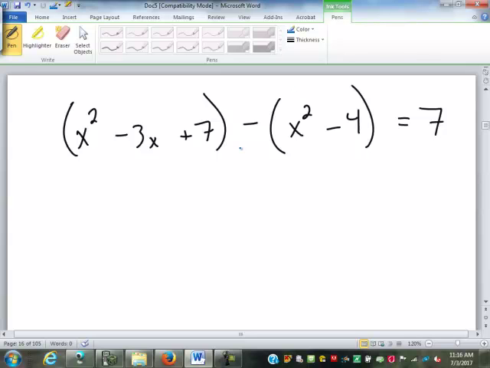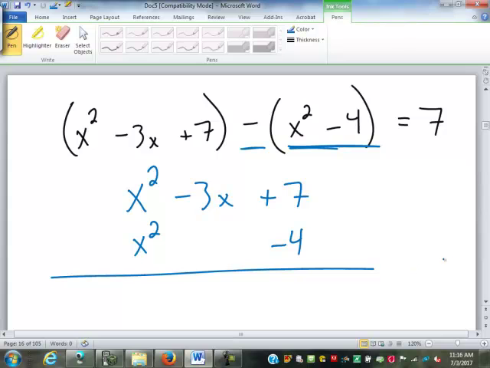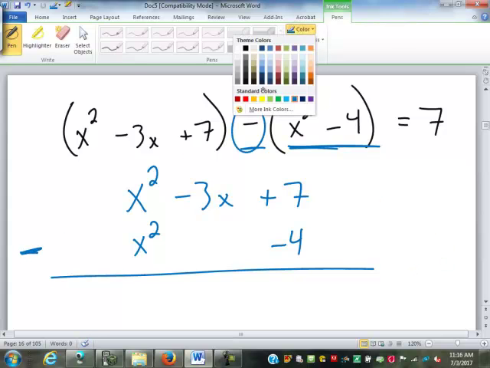We are subtracting here. So I've got my x squared minus 3x plus 7. I'm going to write this one. Where's the x squared going to go under? Under the x squared. The negative 4? Under the positive 7. And we are subtracting. This is subtraction.